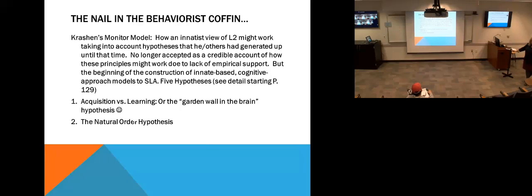If they learn it, they'll have to monitor their speech. Yes. If they learn it, they'll have the monitor, and the monitor will stop them using it properly. And at no point can they move from learning it to acquiring it, because there's a gum wall in the middle of the brain that stops them doing that. Okay.